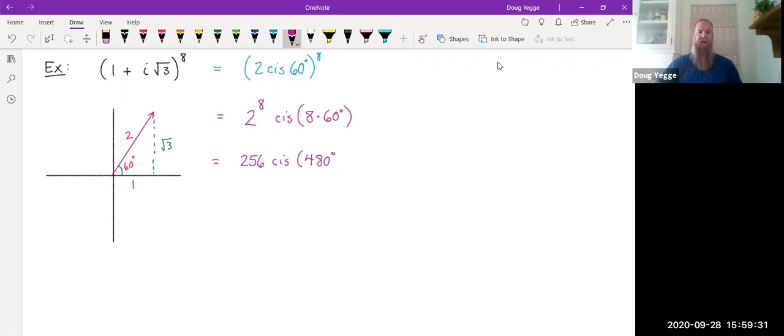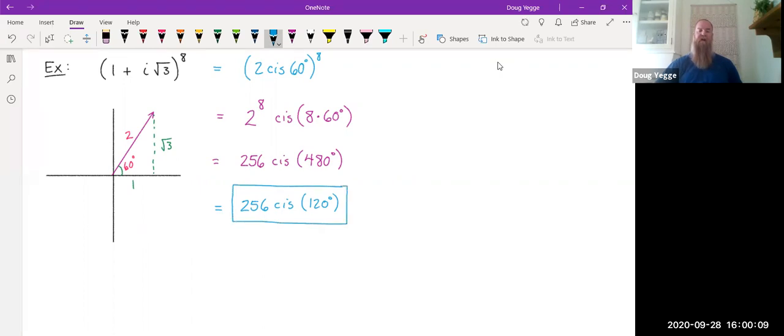Now, it's not customary to keep our angle beyond 360, so we just need to find a coterminal angle to 480 degrees, which means that my final answer is 256 cis of 128 degrees, which demonstrates that if I wanted to raise 1 plus i root 3 to the power of 8, I would have had to multiply that by itself 8 times just to get to the same result that we got here in trigonometric form.